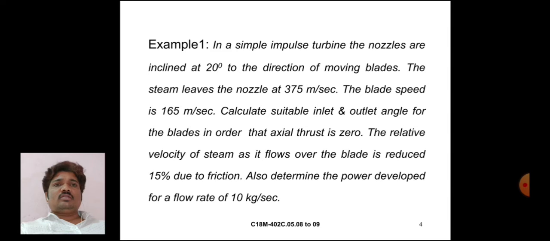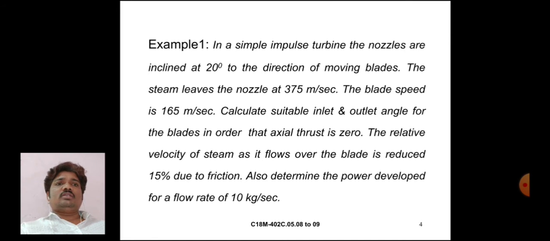This is the first example. In a simple impulse turbine, the nozzles are inclined at 20 degrees to the direction of moving blades. The steam leaves the nozzle at 375 meters per second. The blade speed is 165 meters per second.